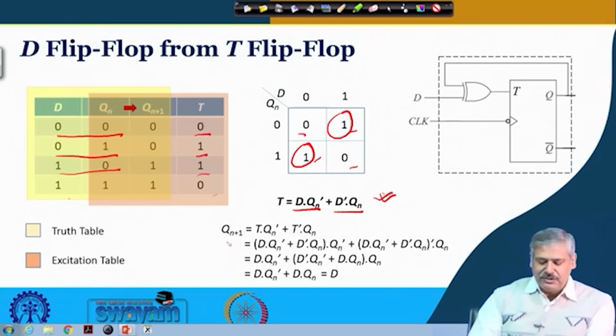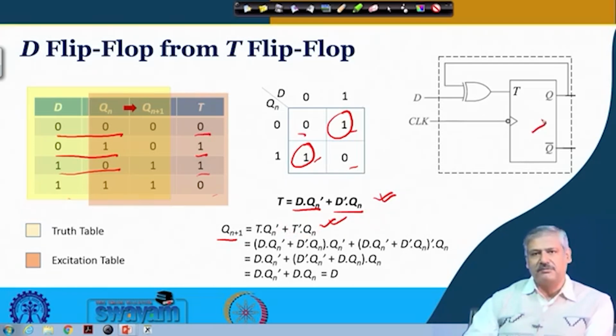And we can verify. We know the basic equation of Qn plus 1 for this particular flip-flop, that is T Qn prime plus T prime Qn. Then we substitute T as what we have got, D XOR Qn.